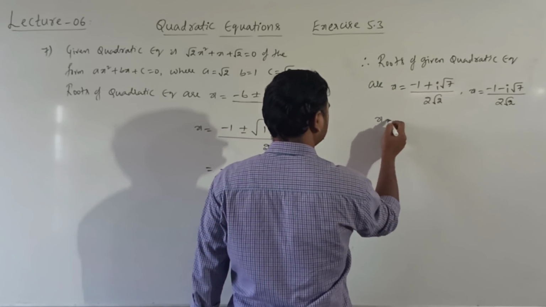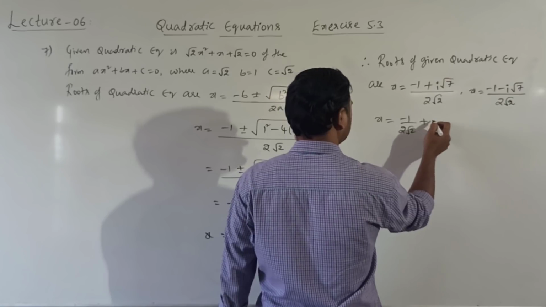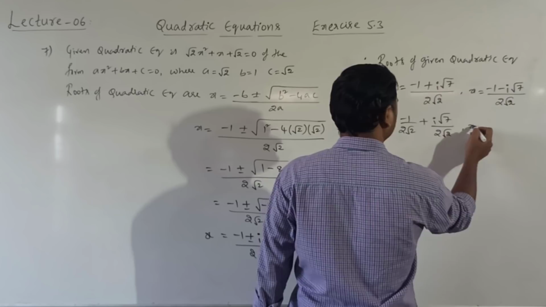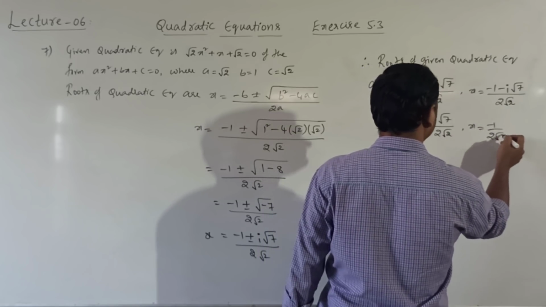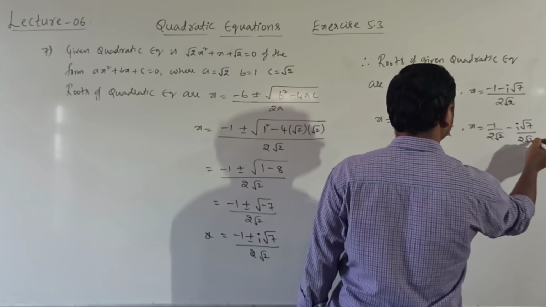Or if I divide by 2 root 2, x is minus 1 by 2 root 2 plus i root 7 by 2 root 2, and x is minus 1 by 2 root 2 minus i root 7 by 2 root 2.